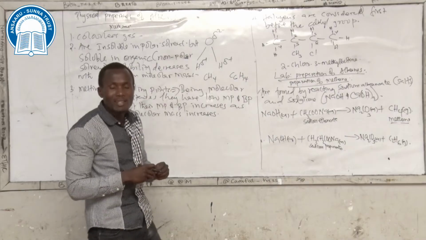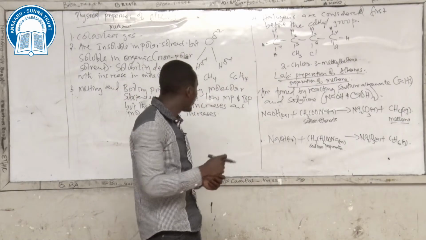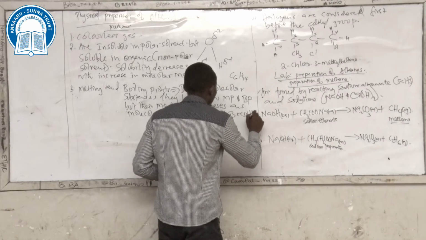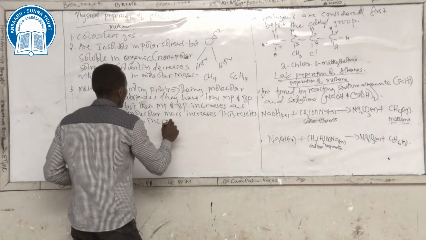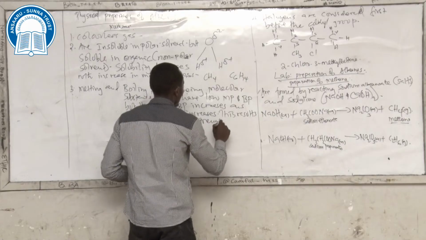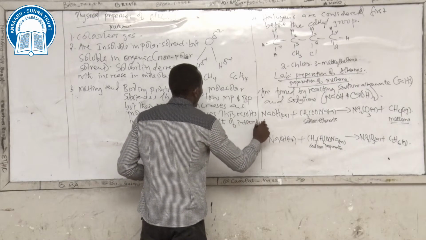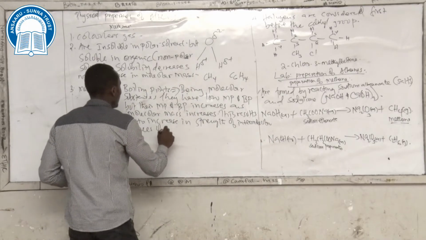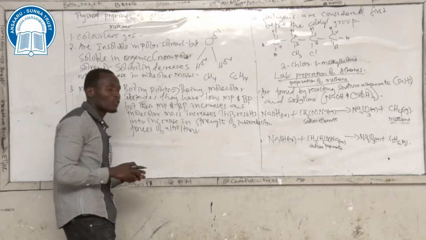As the molecular mass increases, the strength of the intermolecular forces of attraction also increases. So we say this results in an increase in strength of intermolecular forces of attraction.